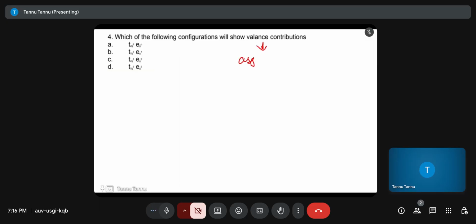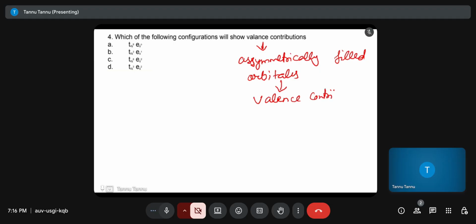Asymmetrical orbitals will have a non-zero valence contribution, and it will ensure the electric field gradient is non-zero, and you will see a quadrupolar splitting.